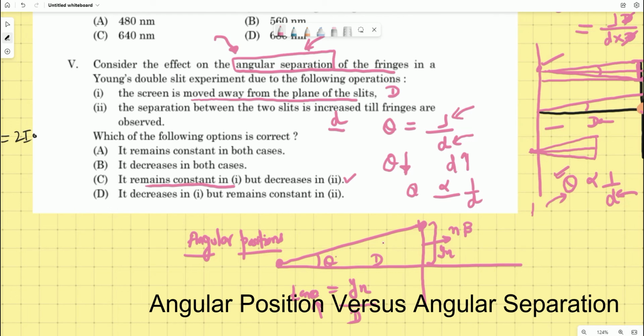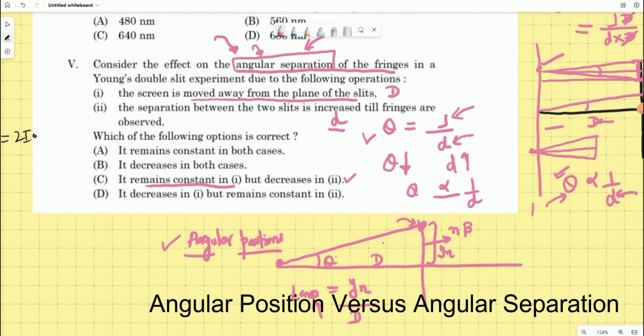This theta tells you the angular position of this fringe. So one is a word called angular separation and the second is called angular position. Be very careful that you understand what is the angular separation versus angular position.